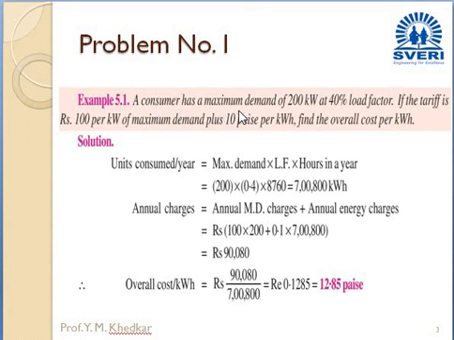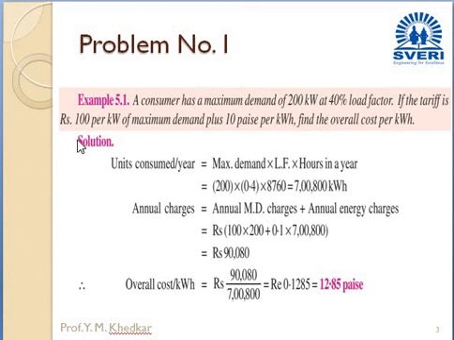So here maximum demand is 200 kilowatt and load factor is 40%, which we are going to write as 0.4, because percentage means that particular number divided by 100.